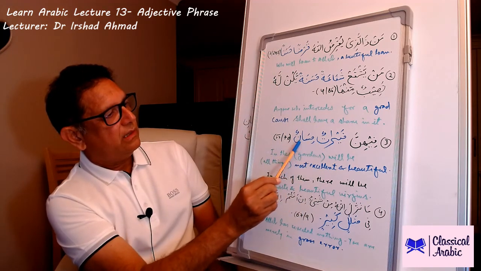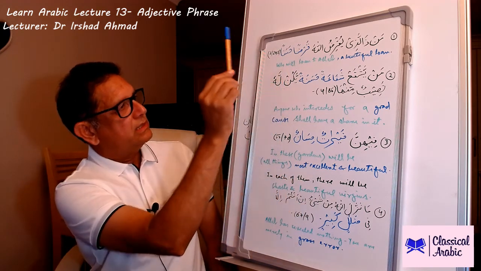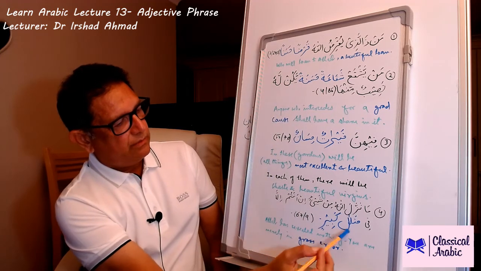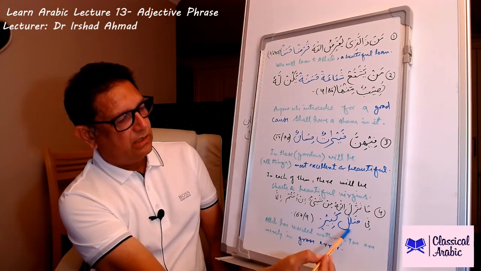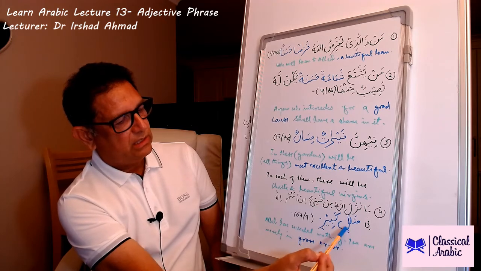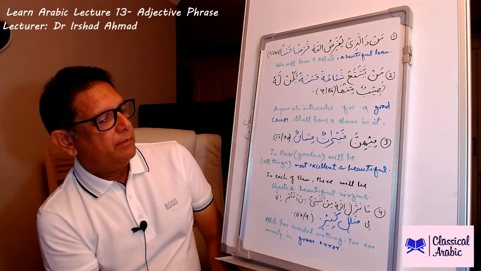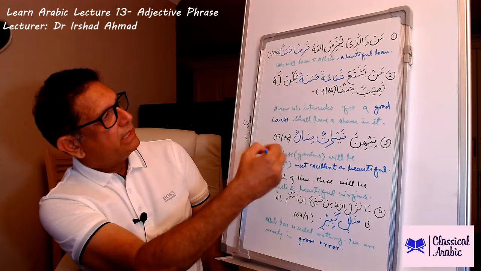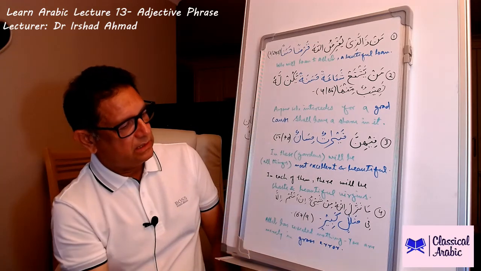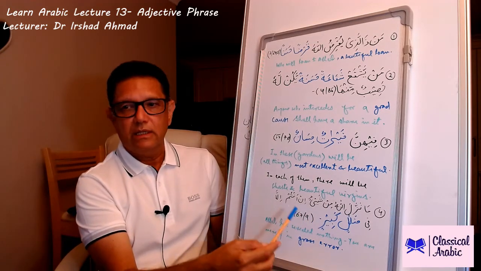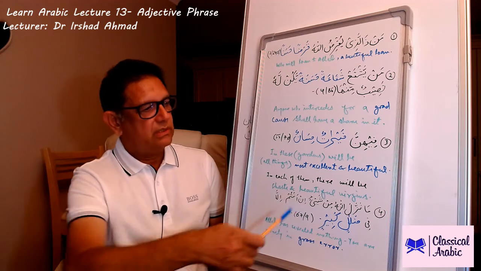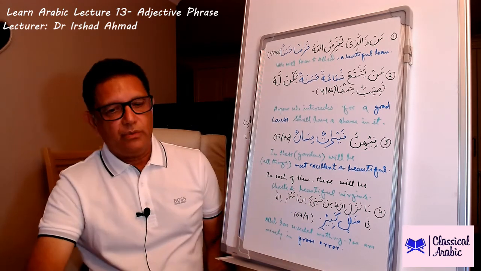This is rafa, nasab, and here we have got jar, singular, masculine, indefinite. These are all by chance indefinite. In all these ayah we have got indefinite murakkab tawsifi in all these four.